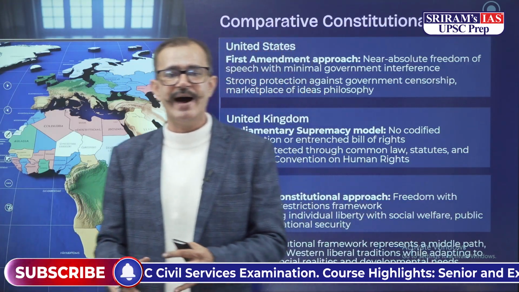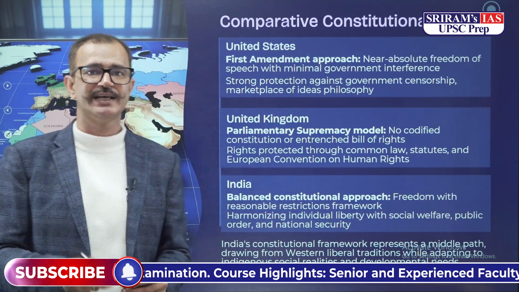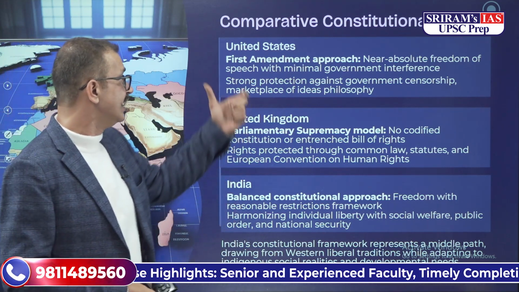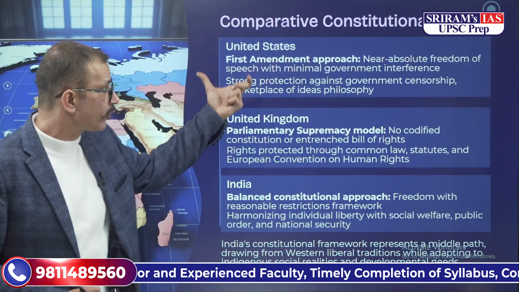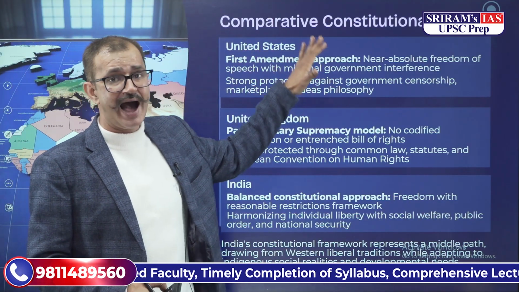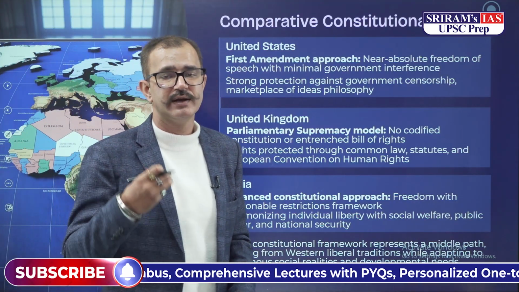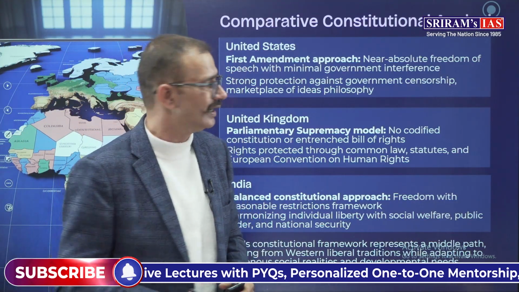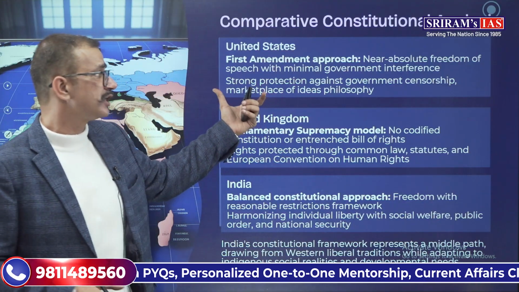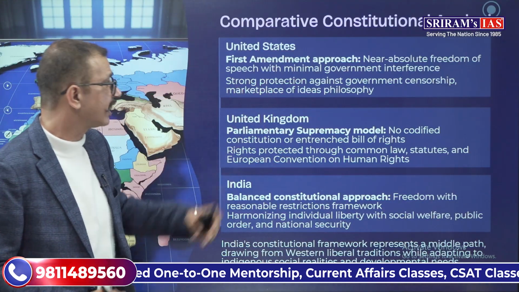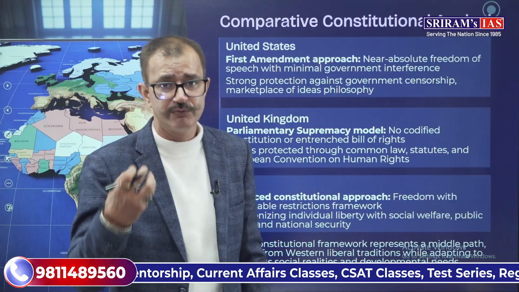Alright, now this is the comparative constitutional analysis between the USA, the UK, as well as the Indian Constitution. In the USA, under the First Amendment approach, absolute freedom of speech is guaranteed with very limited government interference, and there is strong protection against government censorship as well as the marketplace of ideas philosophy.